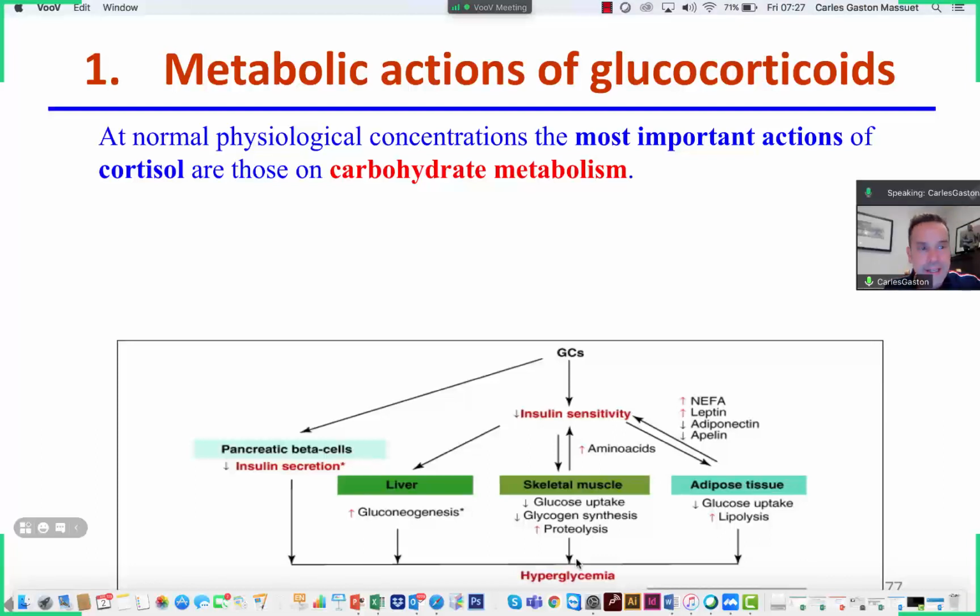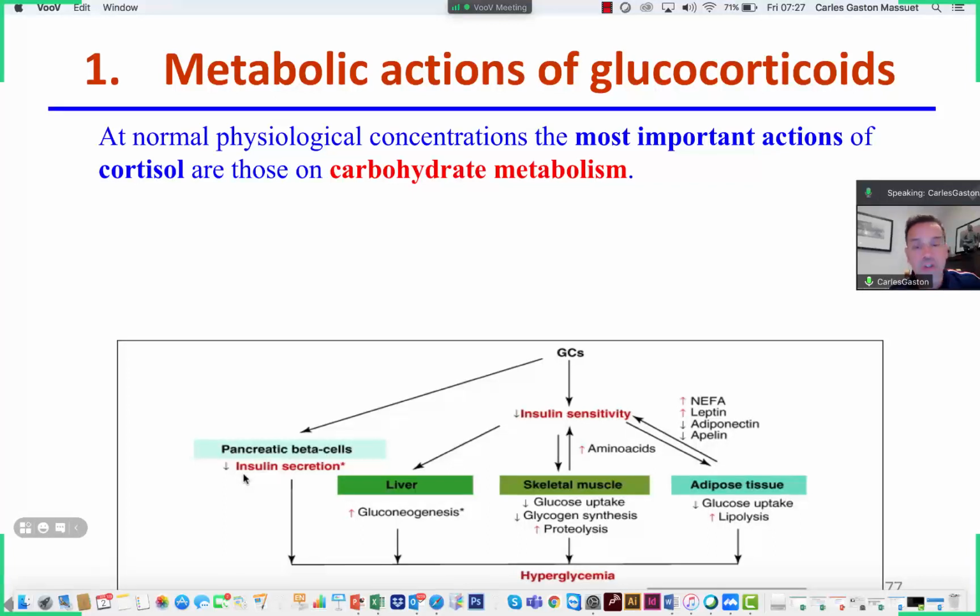How does it do this? By influencing different organs. So glucocorticoids, in the pancreatic beta cells, produce less insulin secretion. Less insulin secretion means more sugar in the blood.